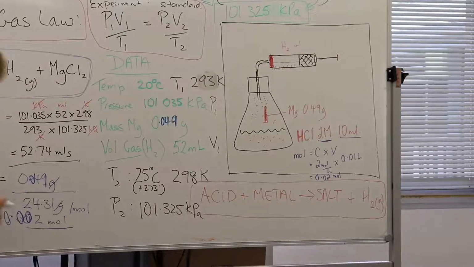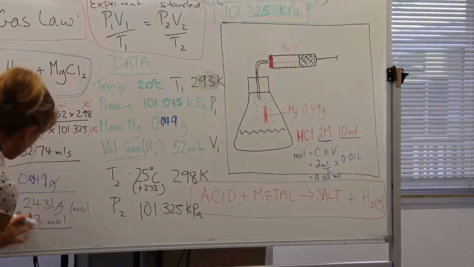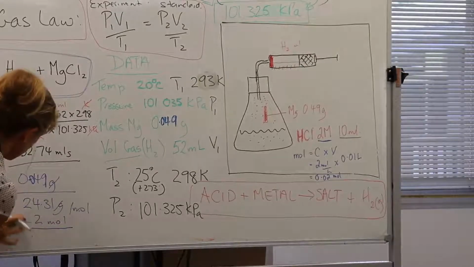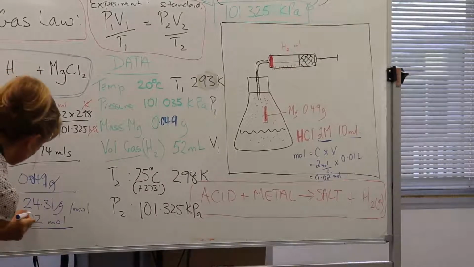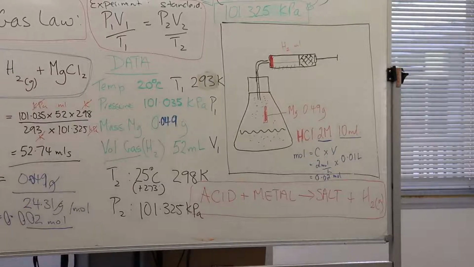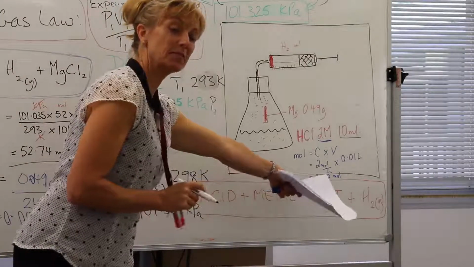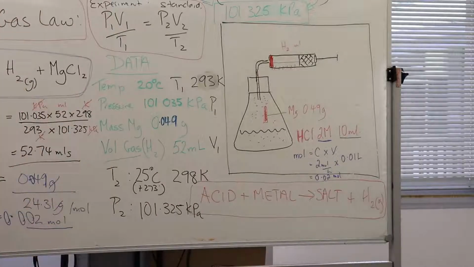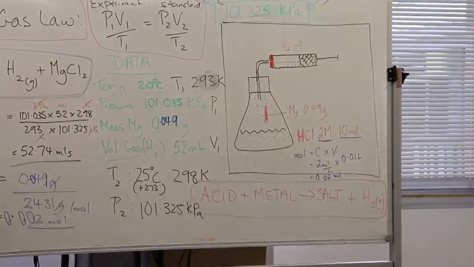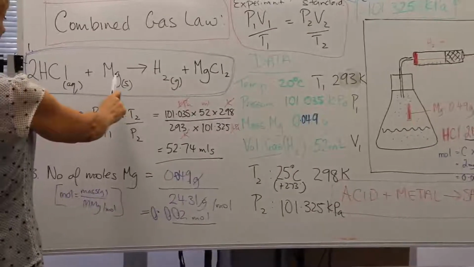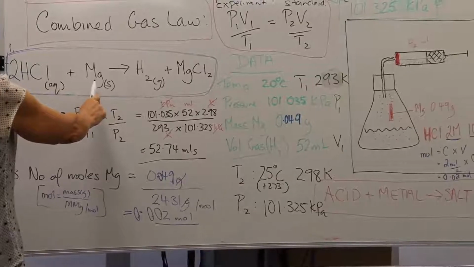Because for this example, they weren't going to be exactly the same in moles. So you can see the magnesium amount of moles is way less than the moles of hydrochloric acid by a factor of 10. Up here, it's a 2 to 1. So you've got to have more hydrochloric acid than you do magnesium, which is absolutely right.